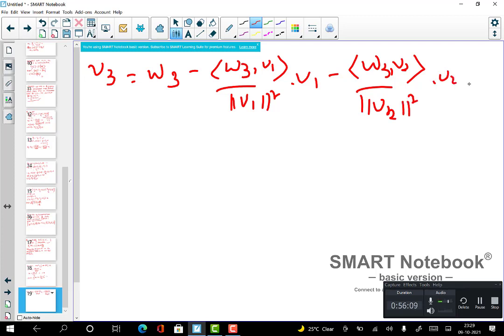Now you find this out as homework. You will find that this is actually x square minus 1 by 3. It's not exactly x square.